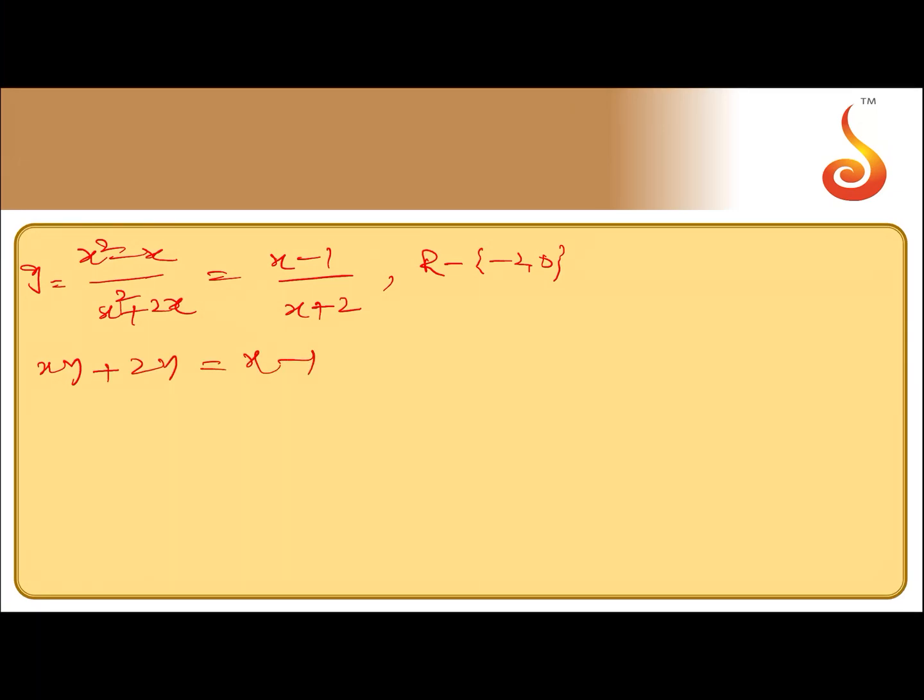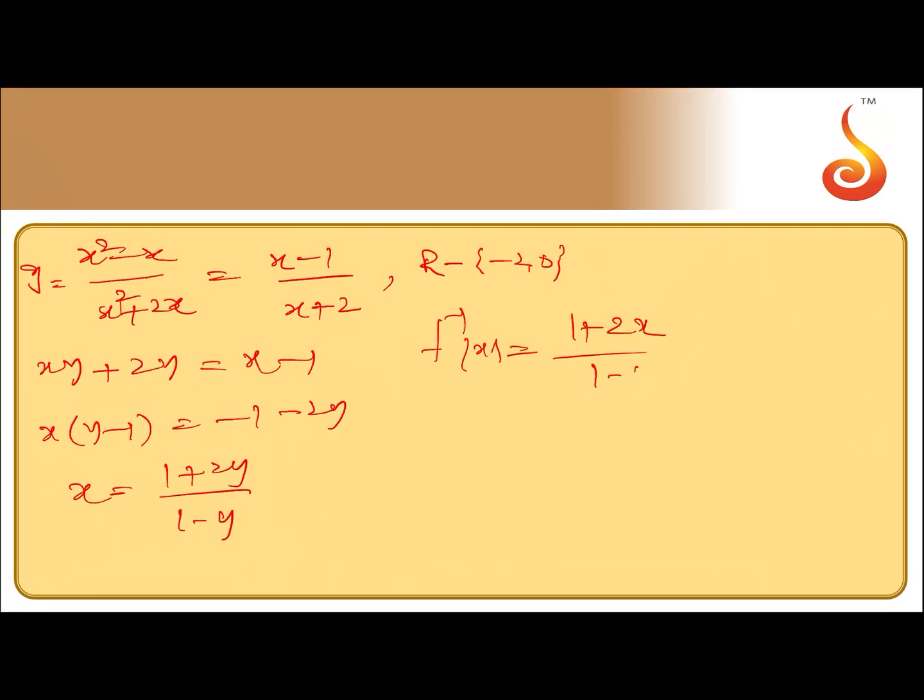xy plus 2y is equal to x minus 1. So x multiplied by (y minus 1) is equal to minus 1 minus 2y. So that x is equal to (1 plus 2y) divided by (1 minus y). So f inverse of x is equal to (1 plus 2x) divided by (1 minus x).